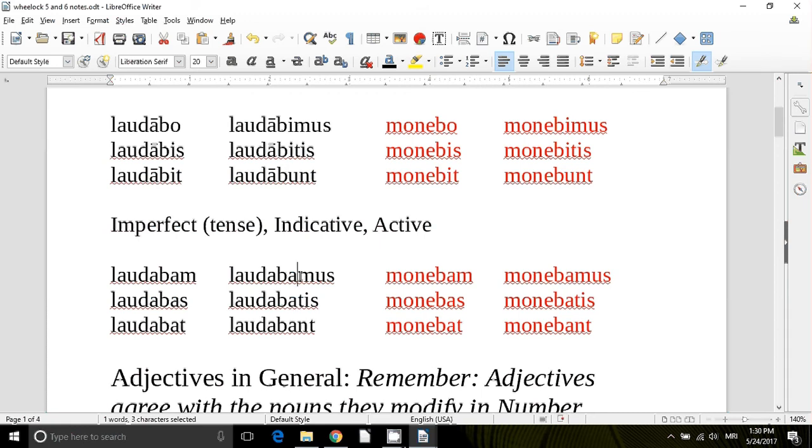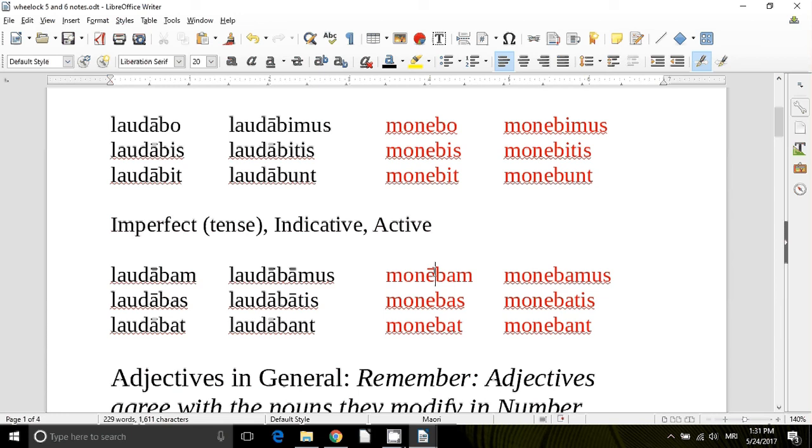And here, these vowels are long. We should correct these so that you can see clearly how they're pronounced, because remember our rules for pronunciation. Latin always wants to accent the second to last syllable, unless that syllable is short, in which case it will then go back to the third last syllable.